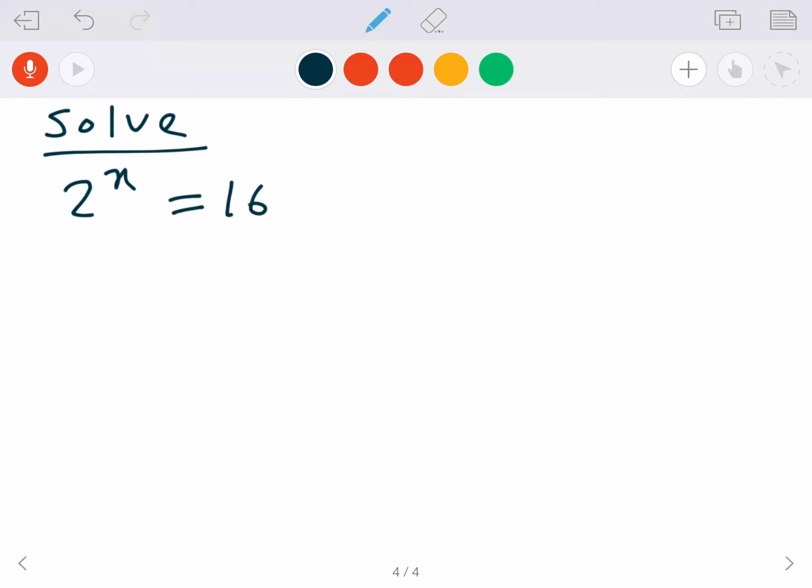To solve something like this, we know that if we have m to the power a equals m to the power b, with the same base, then the powers must be equal, so a equals b.